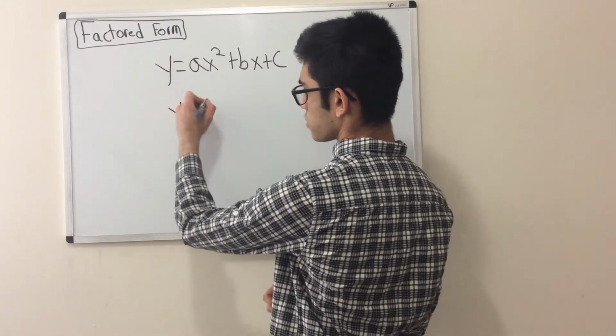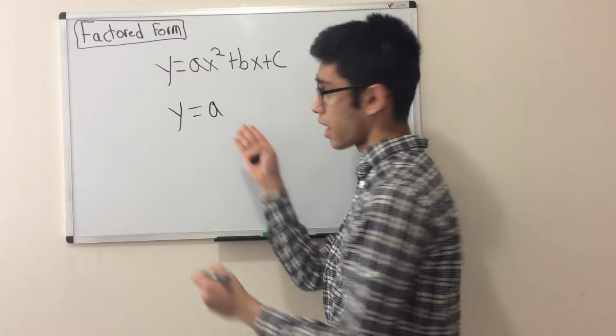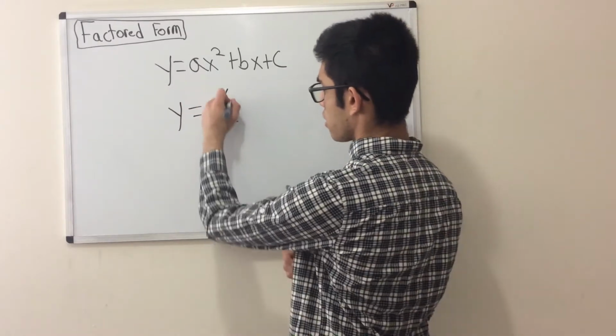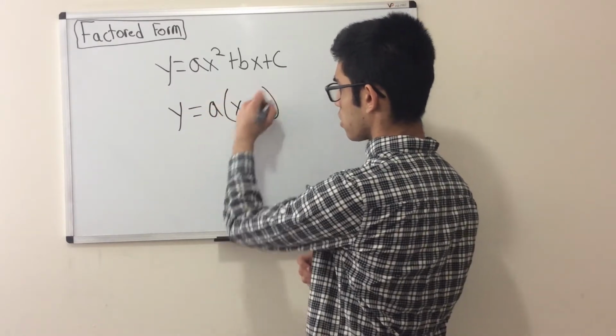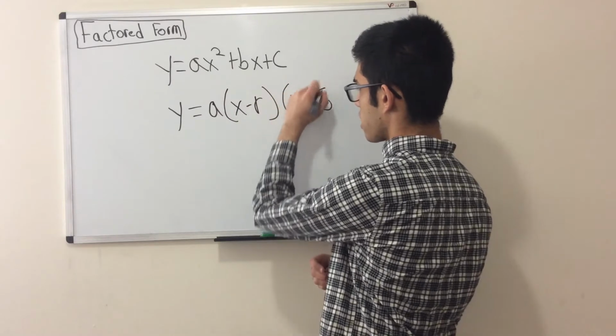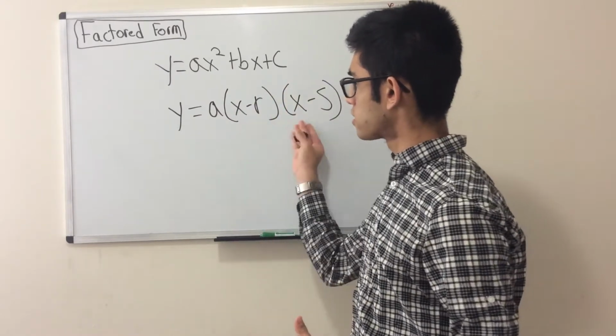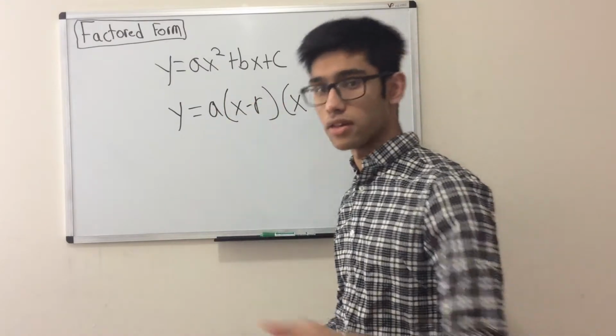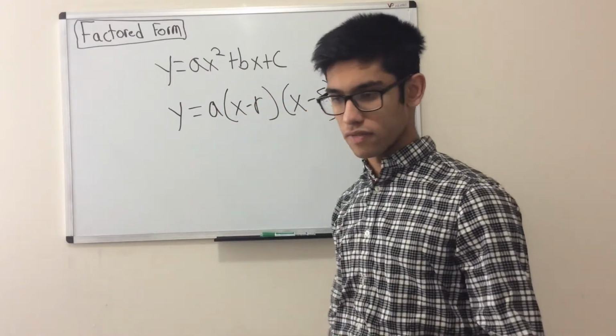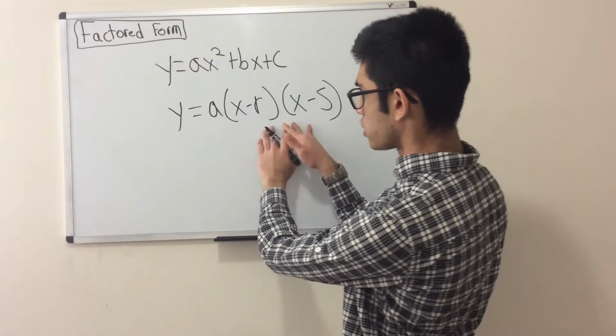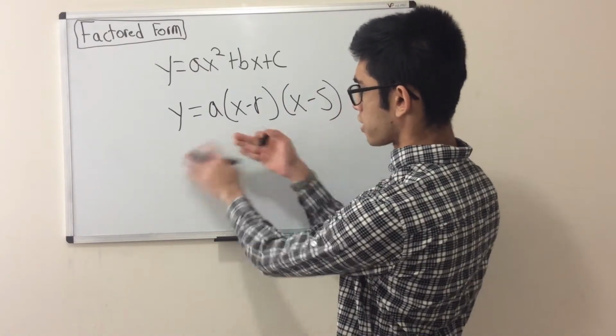You might see different ways of seeing it. So you'll see, again, we have that a, and you have x minus r and x minus s. So you might wonder, well, how do we get from this to that? Well, there is a way of doing that, and we'll cover that in the next few videos, but this is essentially what factored form looks like.